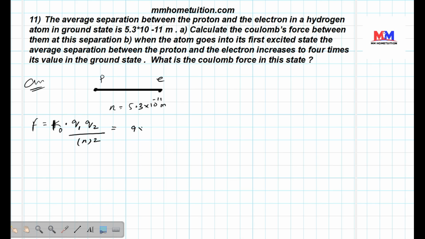So K naught is 9 into 10 to the power 9. Q1 equals how much? Q1 is the proton, 1.6 into 10 to the power minus 19. The electron is minus 1.6 into 10 to the power minus 19.